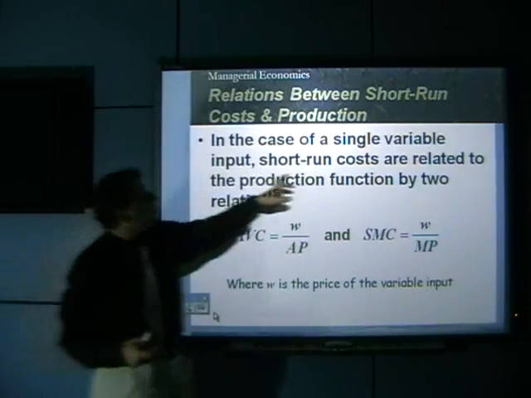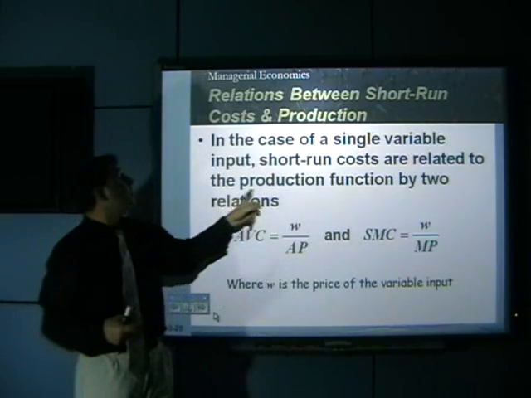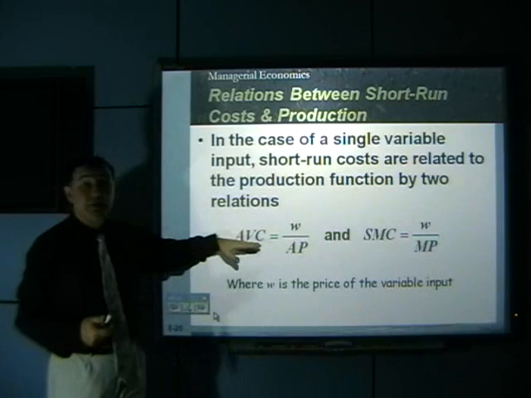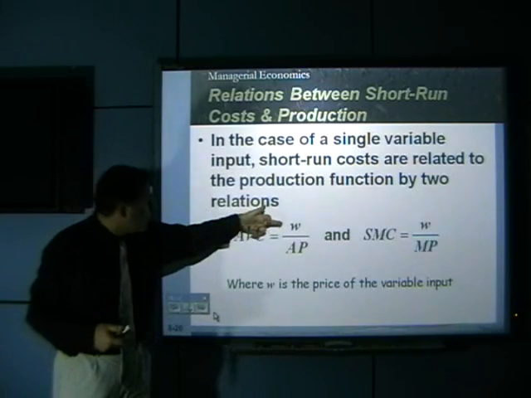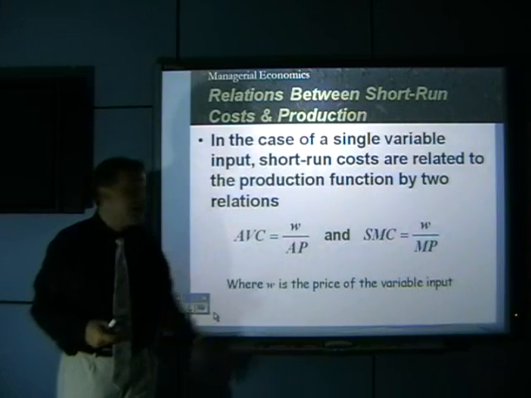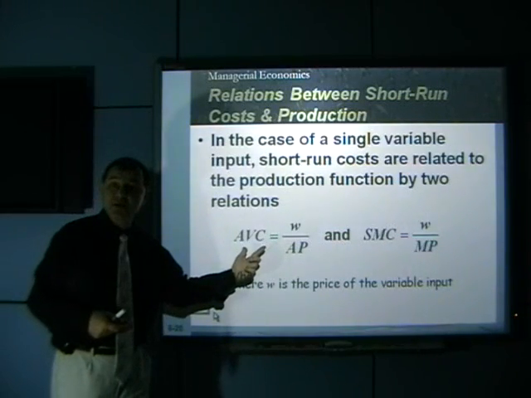Short-run costs are related to the production function by two relations. In other words, the average variable cost is the wage divided by the average product. What's the average cost?